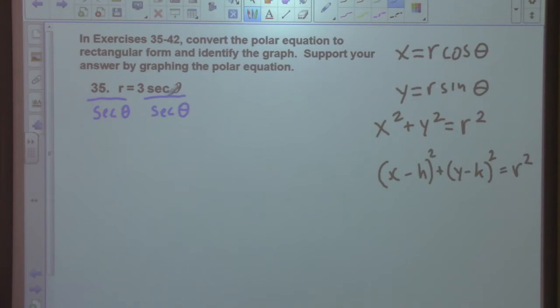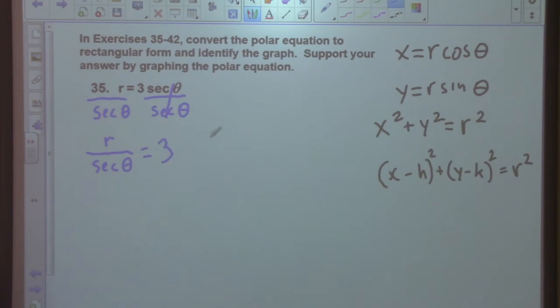And so now we cancel out on the right side, and we have r over secant theta is equal to 3. Okay, now what about r over secant theta? Do you notice anything you can do with that?